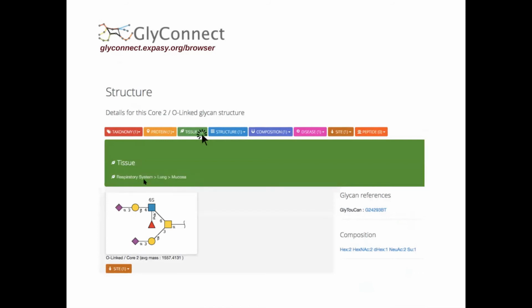We've updated, as I mentioned yesterday, everything to connect to the Uberon ontology.